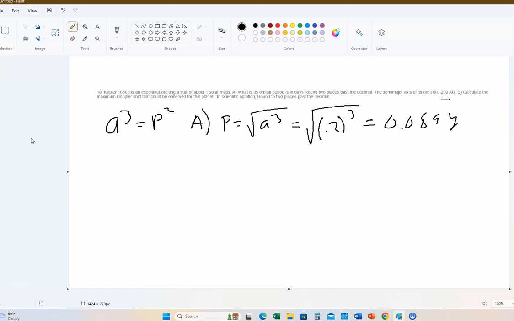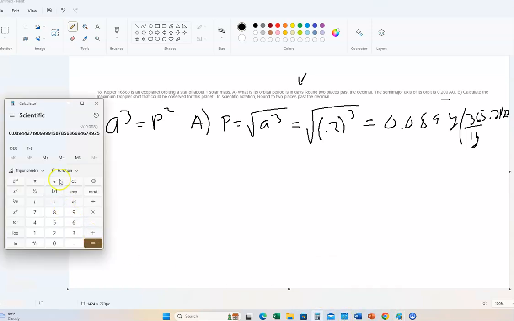So what do we have to convert this to? Days, right? It says it right there, days. So we're going to use that 1 year is 365.2422 days. That's on the formula sheet, of course.